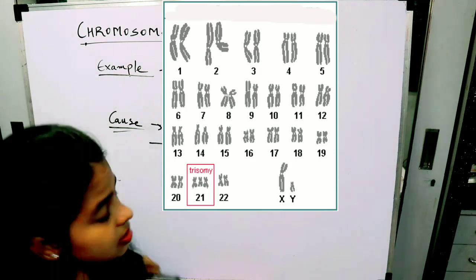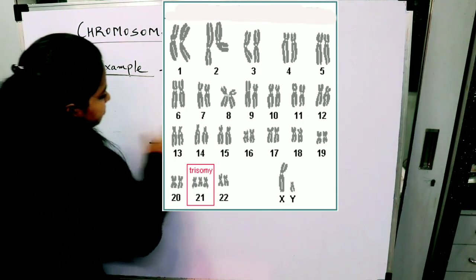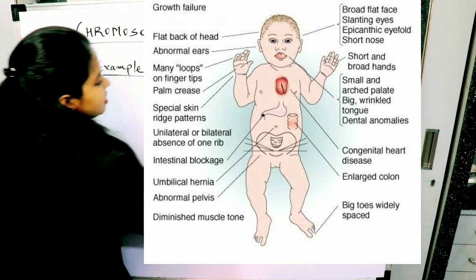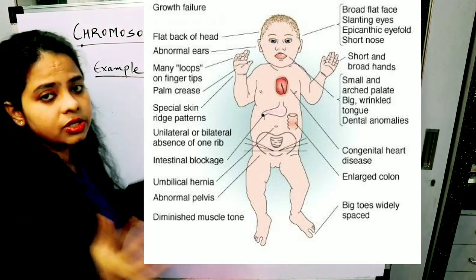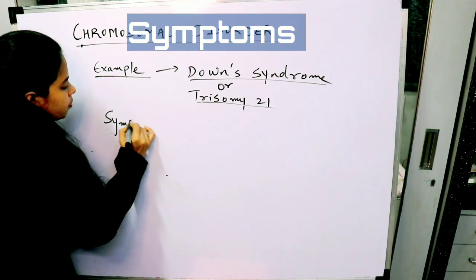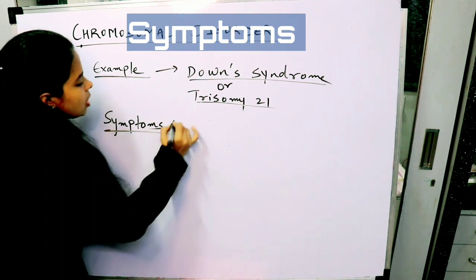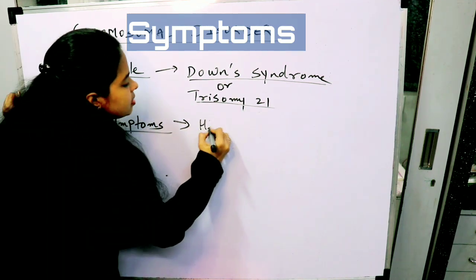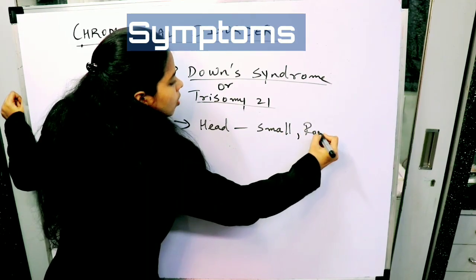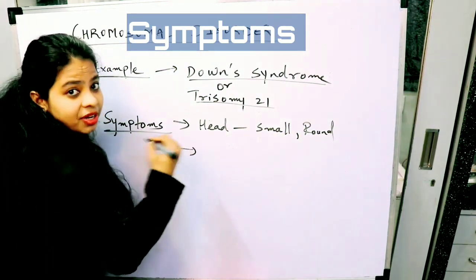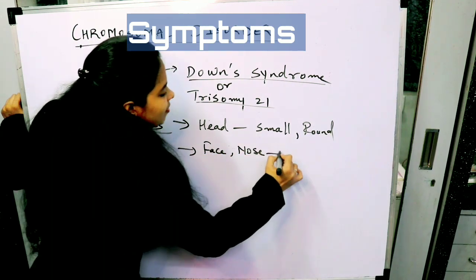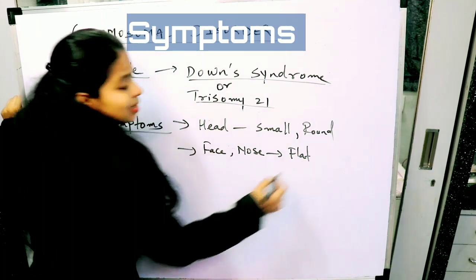Now let's see certain symptoms of Down syndrome. If we start from the head, the head is small and round. Now if we consider the face, the nose is flat.